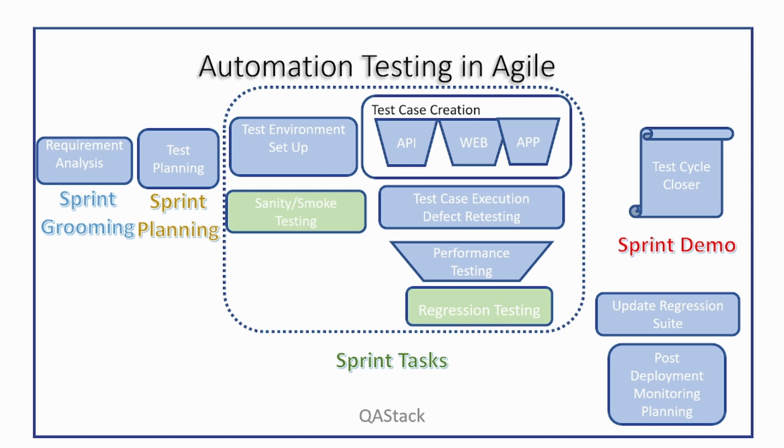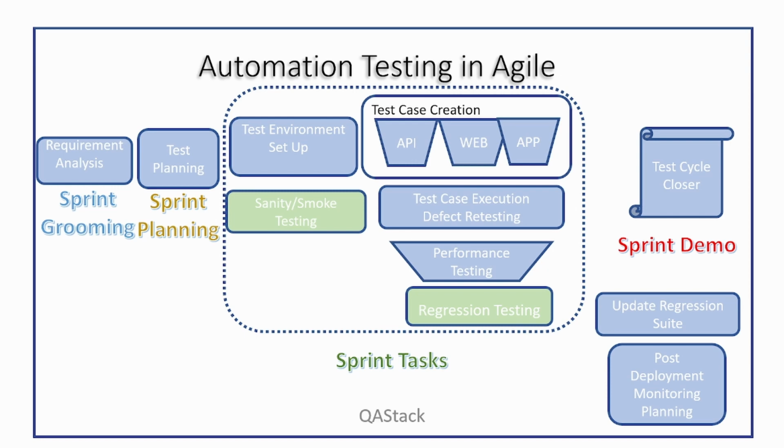Then comes the test planning. Test planning should be conducted as part of sprint planning activity, and an approximate effort should be provided based upon the earlier requirement analysis done on the testing efforts required to carry out the testing of the software developed.